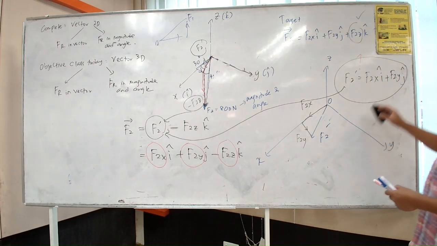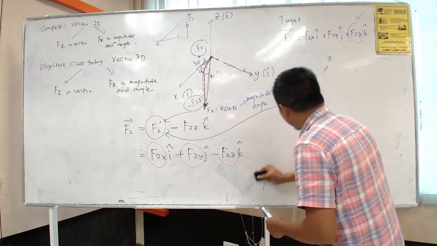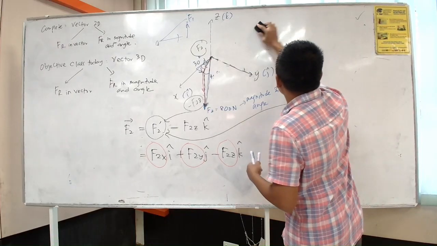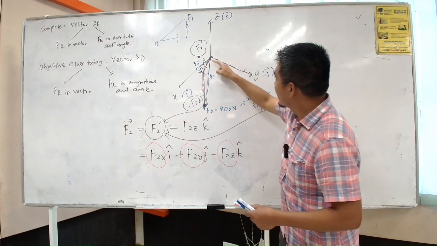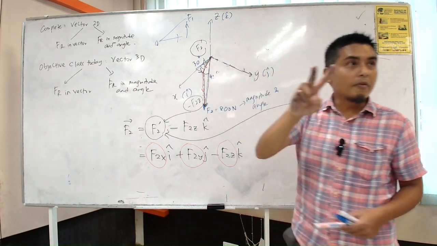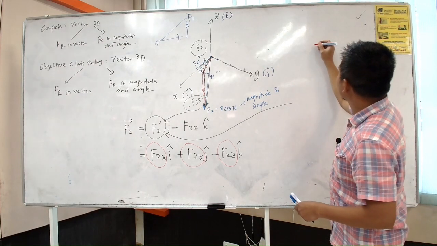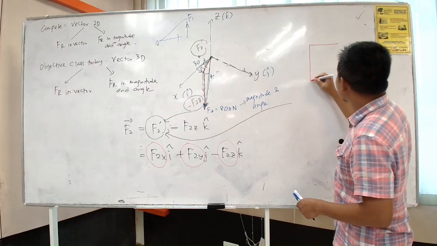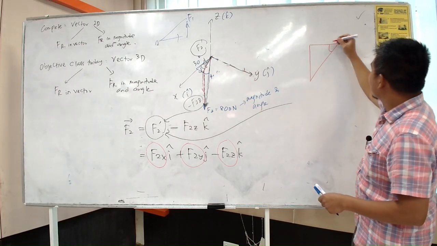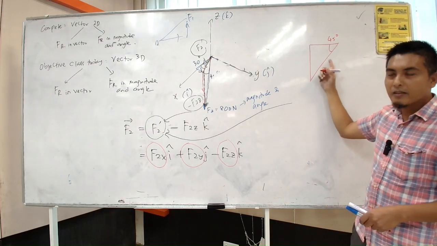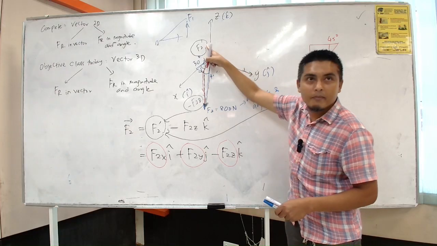So if I can give you some information here, how many vectors we have? 1, 2 vectors. 2 information. The first information, if I can draw it like this, 45, 45. Okay. This one, F2, F2 prime.